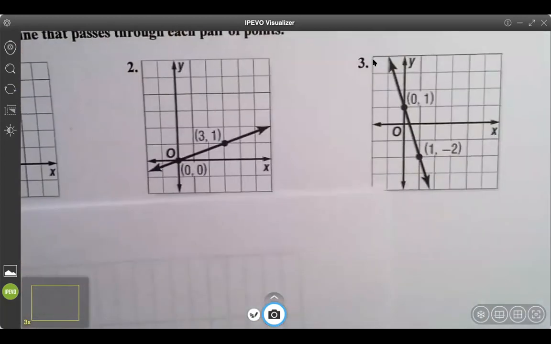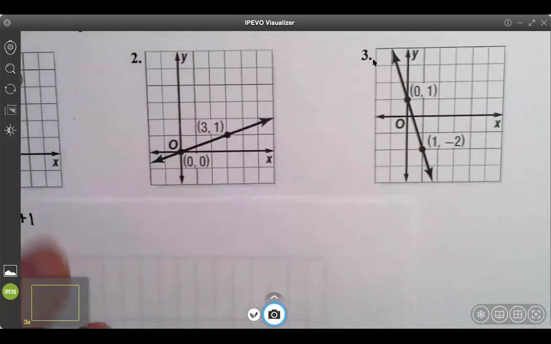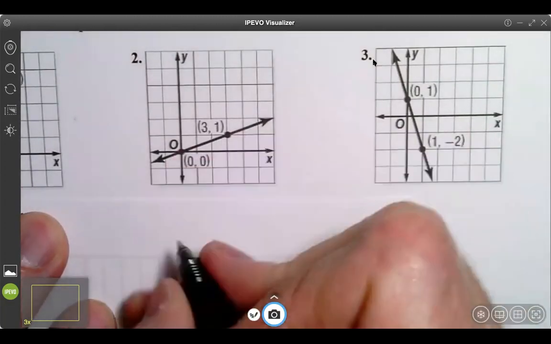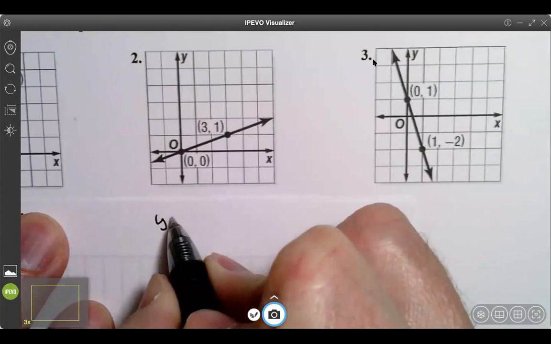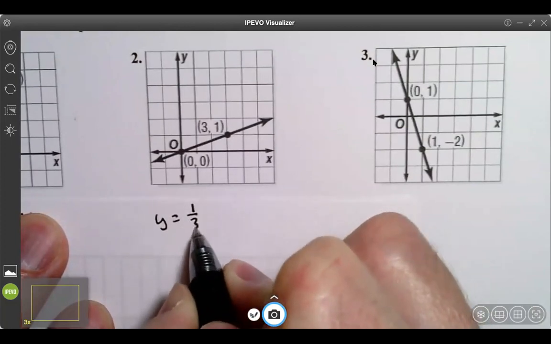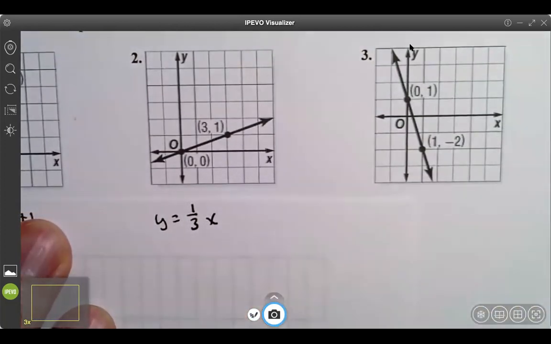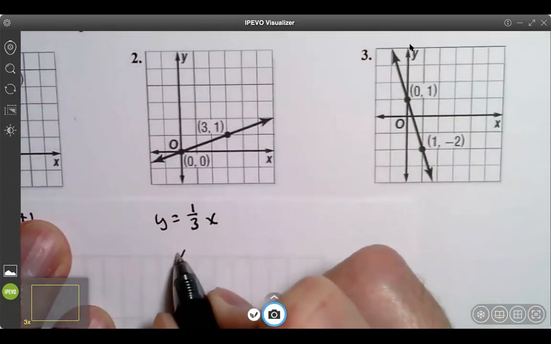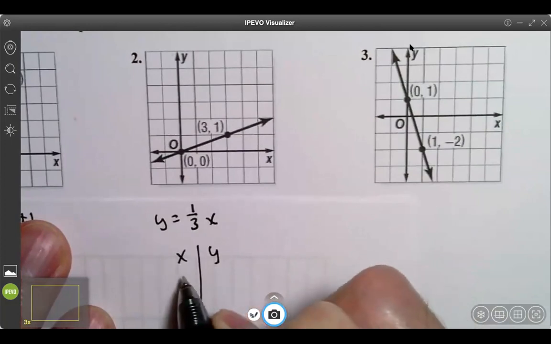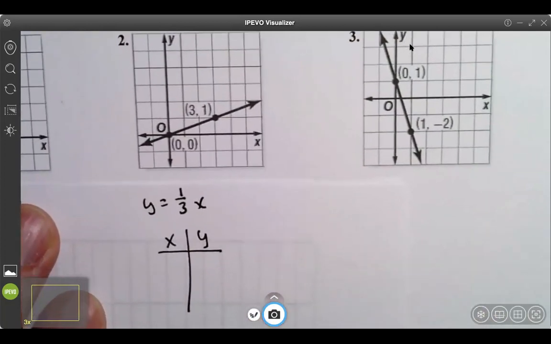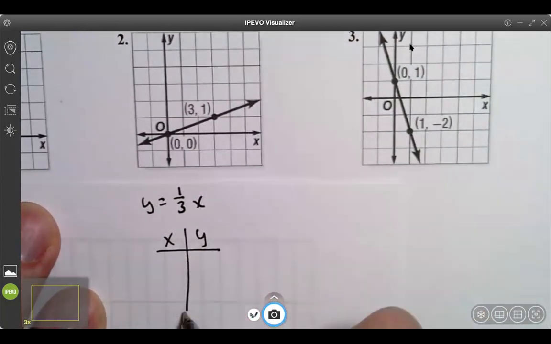Let's look at another one. All right, the equation for this line is y equals 1/3 x. It's probably not going to be a good one to do. Just to make the math easy, I'm going to go by multiples of 3.